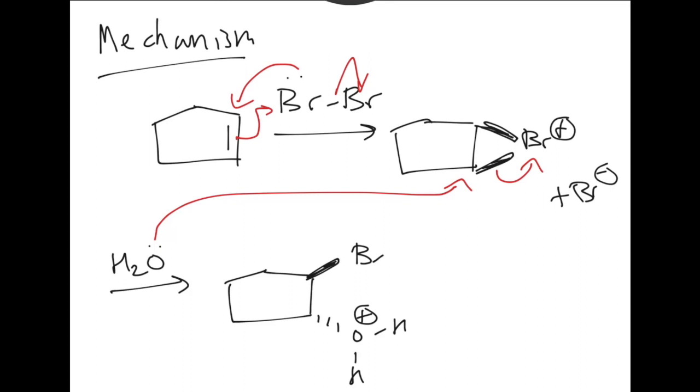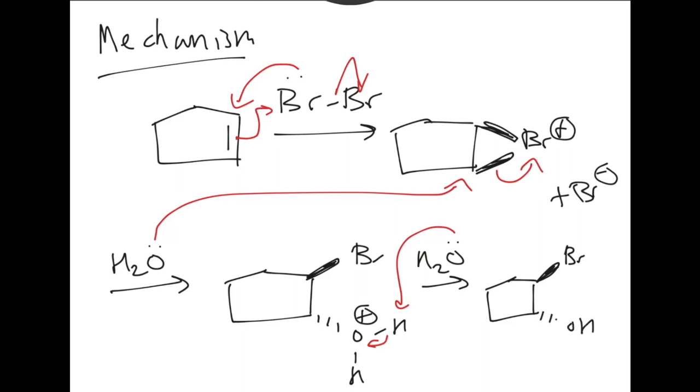So another molecule of water can come in, grab an extra proton, make the product and generate H3O plus. So the Br minus hangs out with the H3O plus to make a salt, basically. That's where the Br minus ends up.